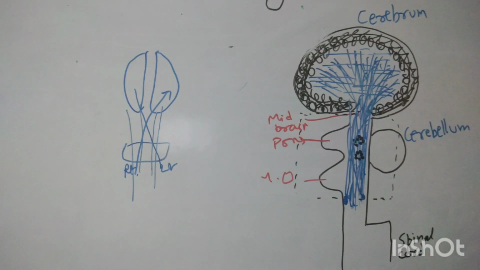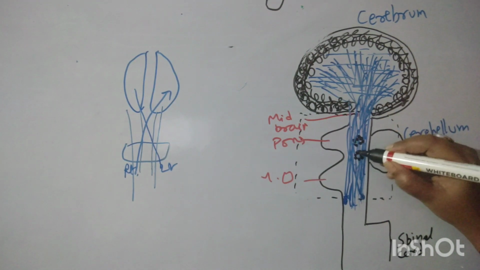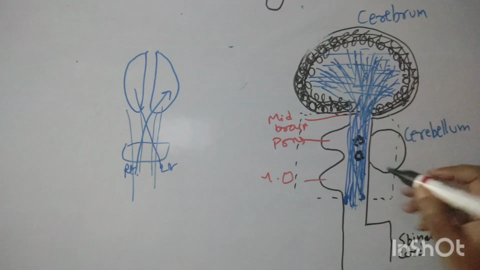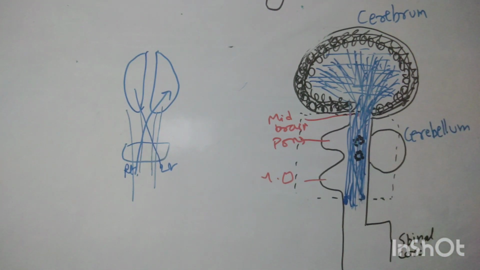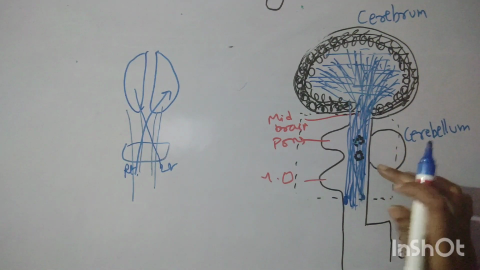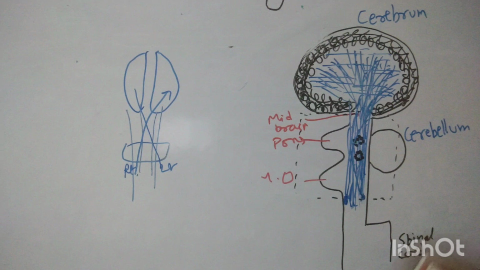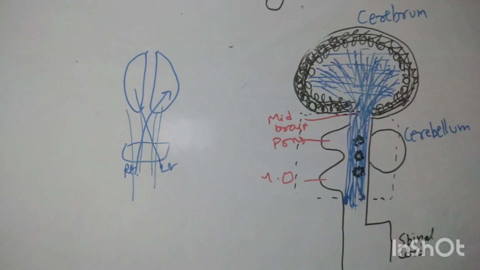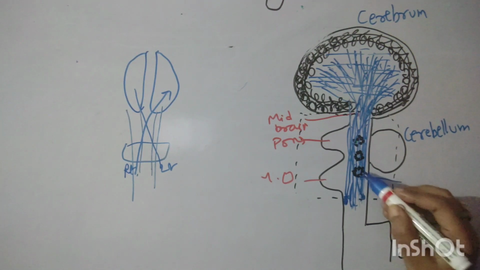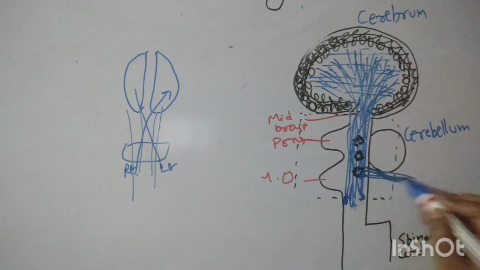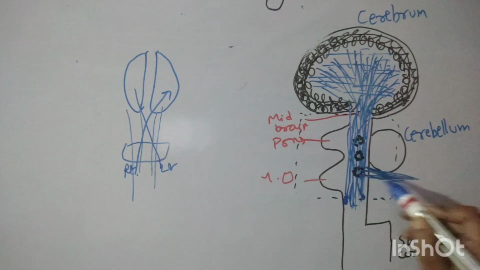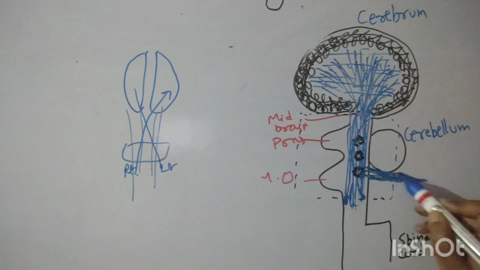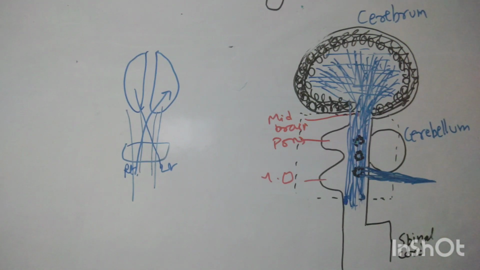Okay, now here in the brain stem, cell bodies are abundant. See, these are the cell bodies. Suppose these are cell bodies, then these cell bodies will have the axon, lots of axons, and there are lots of cell bodies, so there will be lots of axons like this. They will form a nerve.